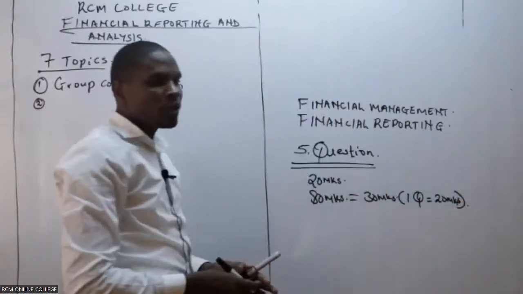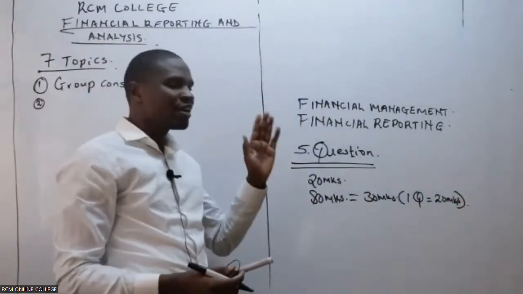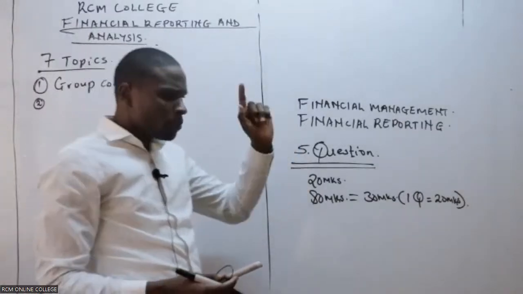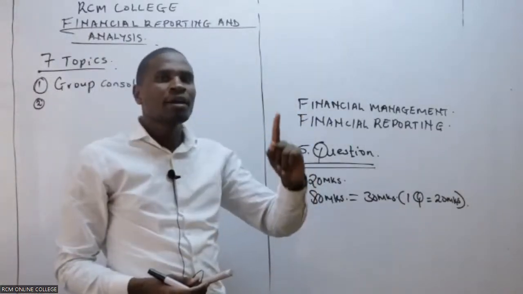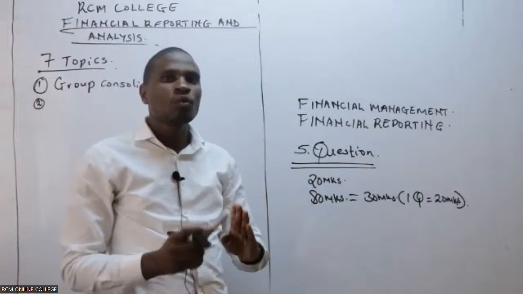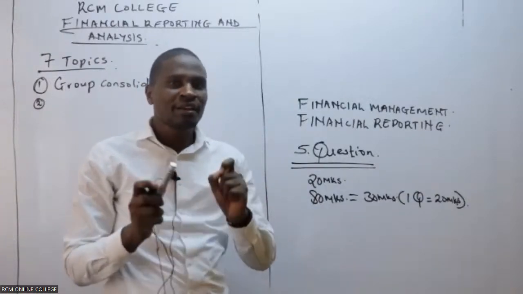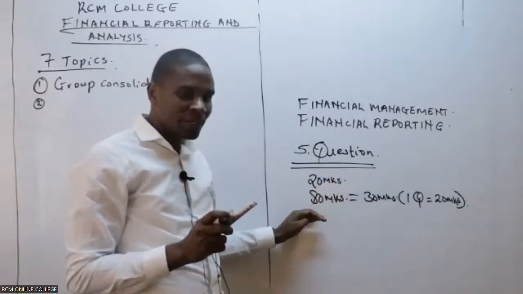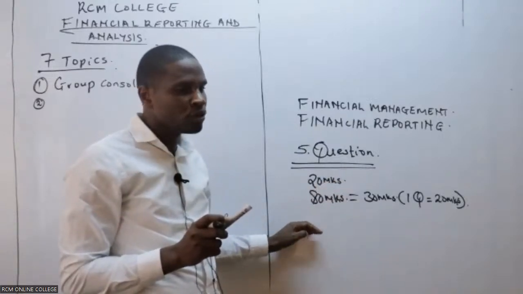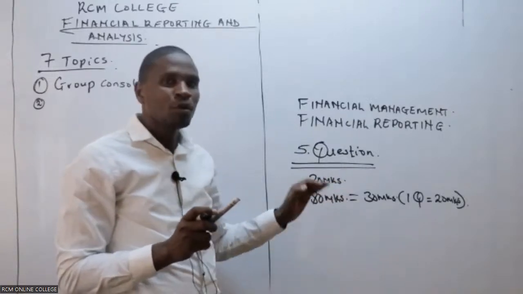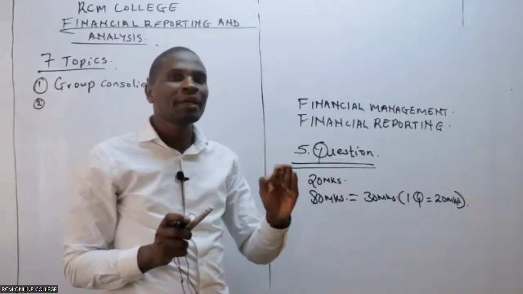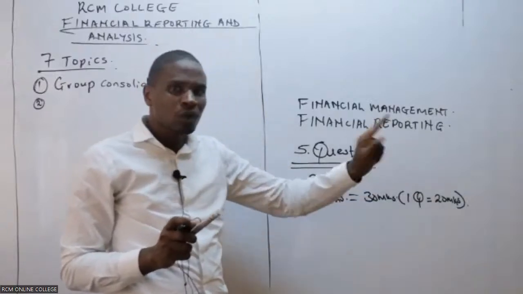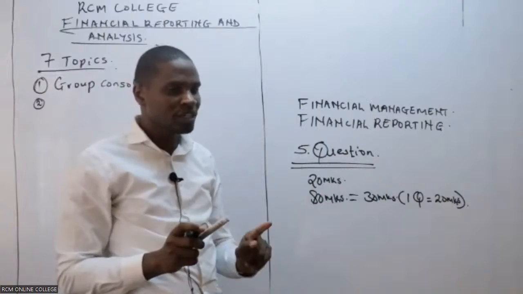So you need to understand the unit very well. Under financial reporting and analysis, topic number one is accounting for assets and liabilities. Most of the theory comes from topic number 1, and that one goes with a full question of 20 marks.